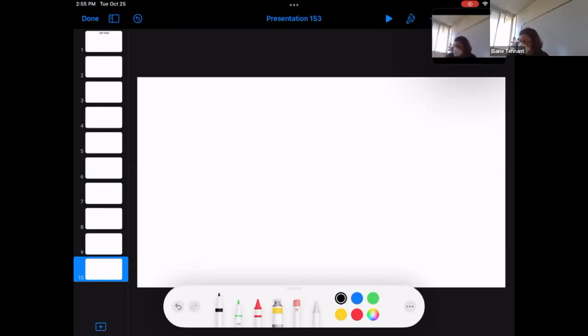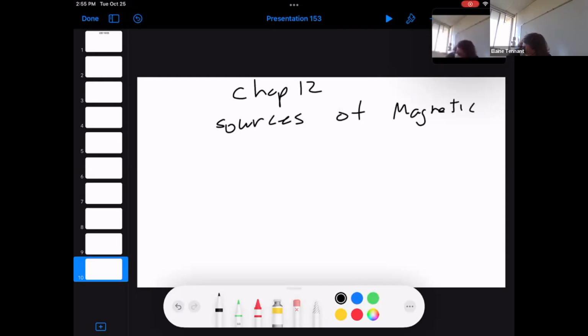It's a math-heavy chapter. Sources of magnetic fields. Okay, so things to talk about here. We've talked about one source of magnetic fields, right?